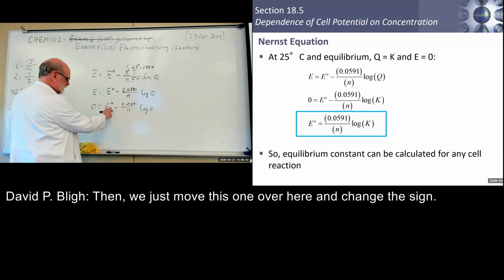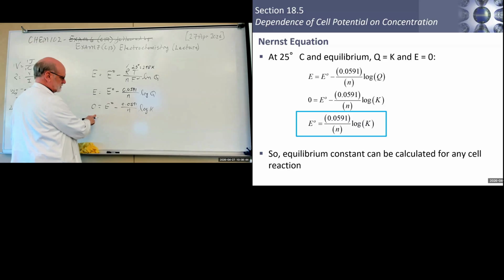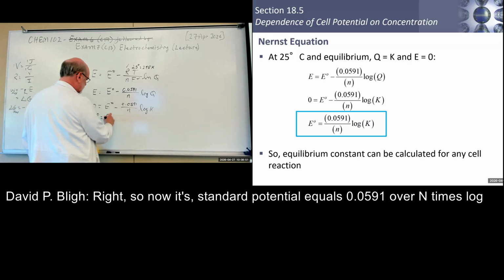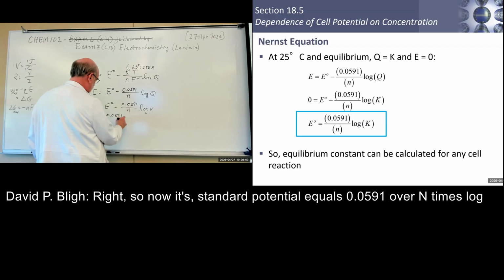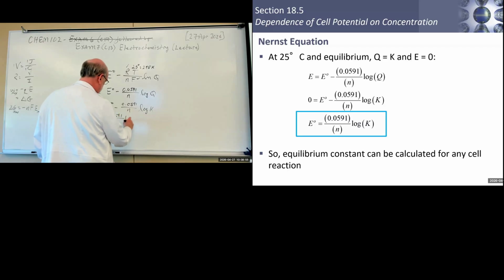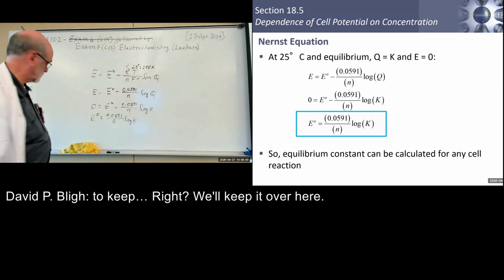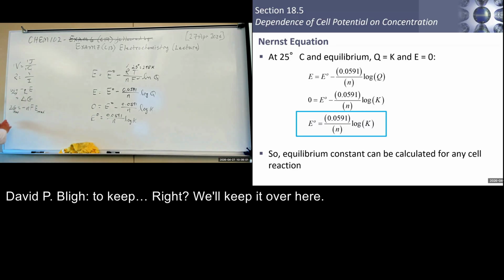Then we just move this one over here and change the sign, right? So now it's standard potential equals 0.0591 over N times log of K. And that's a useful equation to keep, right? We'll keep it over here.